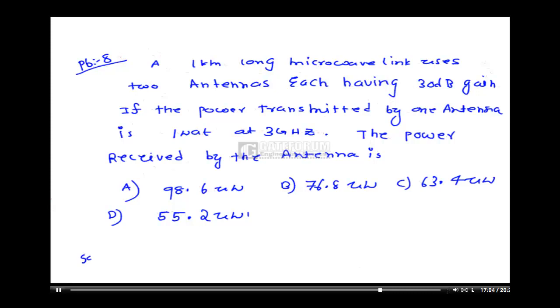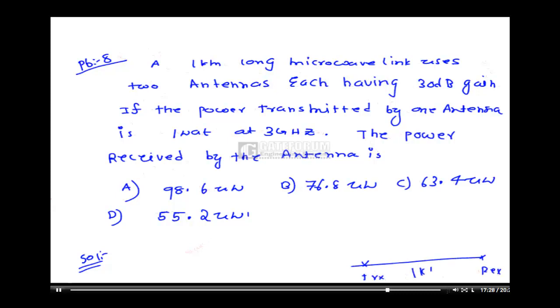The solution to this problem is, first of all, write down what is given. A 1 kilometer microwave link uses two antennas each having 30 dB gain. One is the transmitting antenna, one is the receiving antenna.